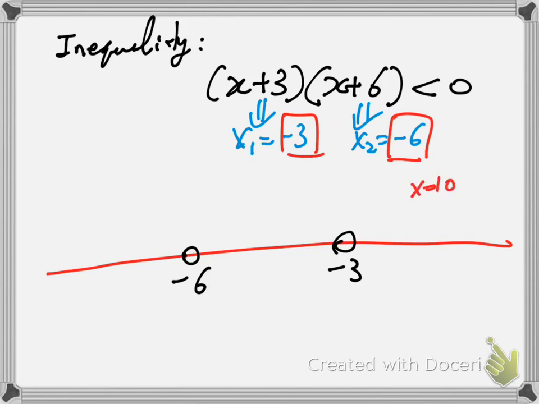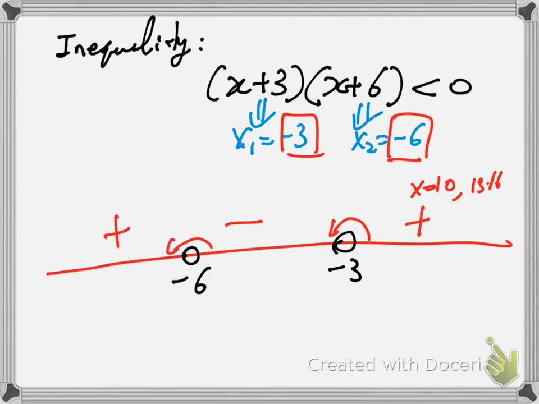If x is 10, x plus 3 is 13, 13 times 16, so this is positive. And these are degree 1 factors, so we switch the sign: positive, negative, positive. Then we know the sign of this product.